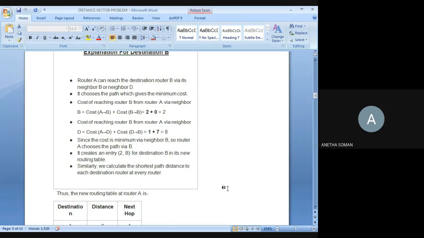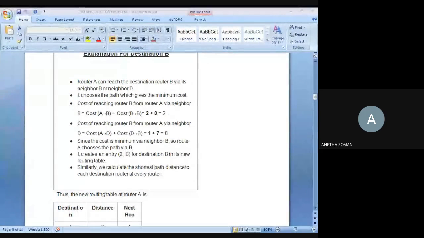Now who will tell that? Ranjit. Tell me what is the new routing table for A? You have found out the costs. Now create a table for A with the values you got.